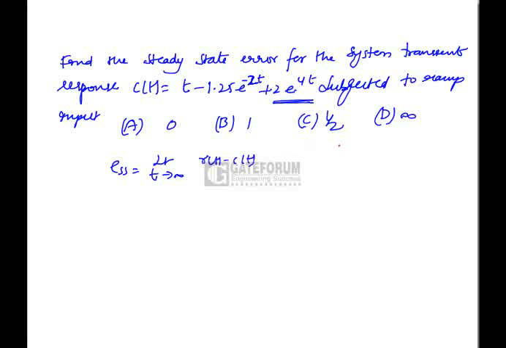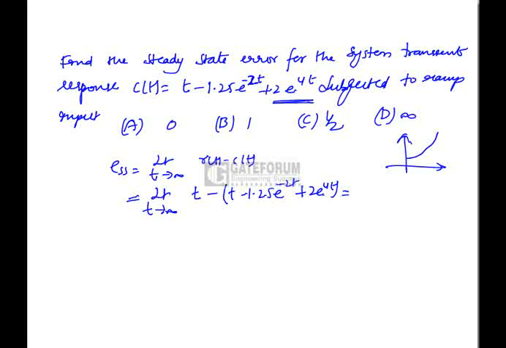The output response c(t) will reach infinity, because e power 4t is an exponentially increasing characteristic. Directly we can say the steady state error is infinity, or this is the limit t tends to infinity. Since we have a ramp response, this is t minus 1.25 e power minus 2t plus 2 into e power 4t. At t tends to infinity, if you substitute it, this is infinite.